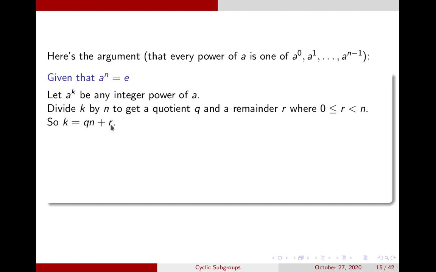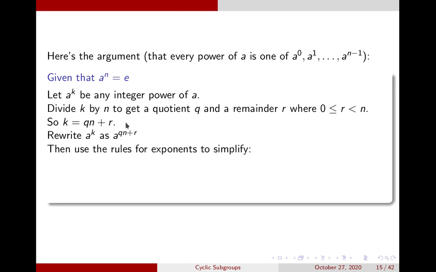This is a familiar equation. And now we're going to take this integer power a to the k that we started with, and write it as a to the q times n plus r, using the results of the division of k by n. And then we'll use the rules for exponents to simplify.